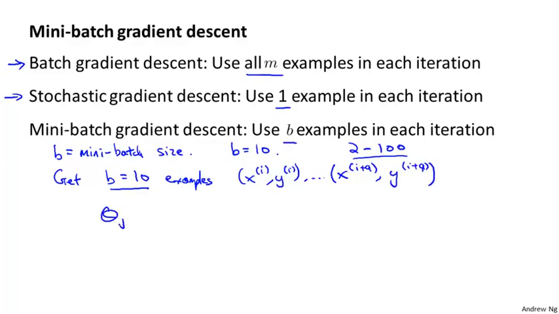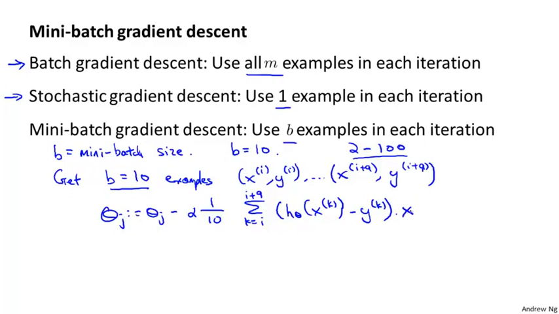And then we'll perform essentially a gradient descent update using these 10 examples. So that's learning rate times 1/10 times the sum over k equals i through i plus 9 of h subscript theta of x^k minus y^k, times x_j^k.